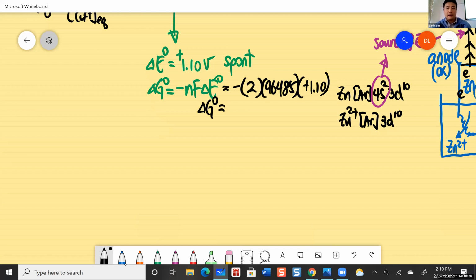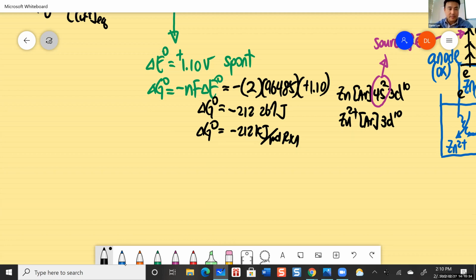Let me go to my calculator. 2 times 96485 times 1.1 would be negative 212,267 joules. Usually we would like to report it as negative kilojoules per mole of reaction. You can see delta G naught is negative, suggesting that the reaction is spontaneous because E is positive.